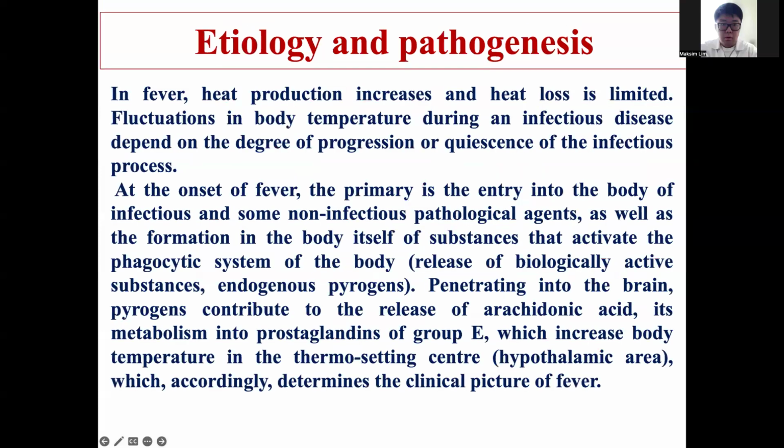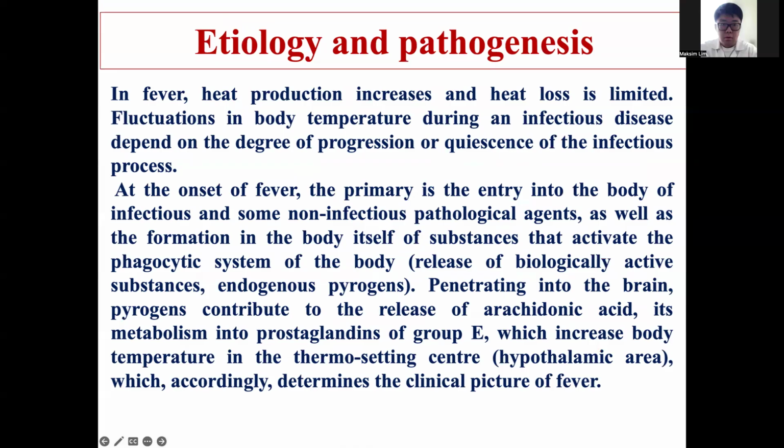In fever, heat production increases and heat loss is limited. Fluctuations in body temperature during an infectious disease depend on the degree of progression or quiescence of the infectious process.